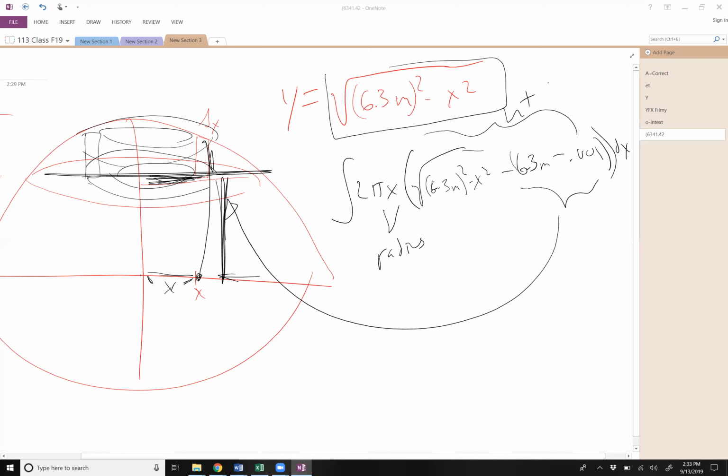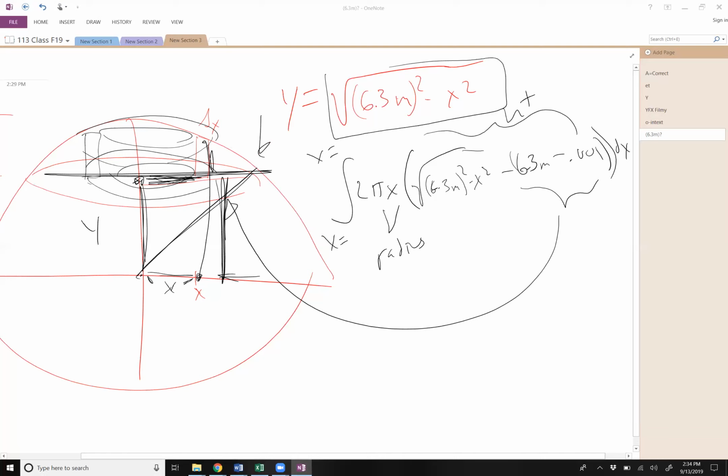Okay. And what are my bounds here? So I hear 0 as my lower bound, and what's the other bound? Okay, so we have to do a little math here to figure out what this point is.